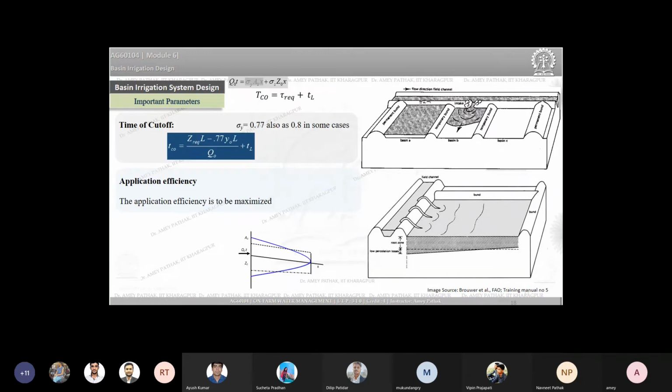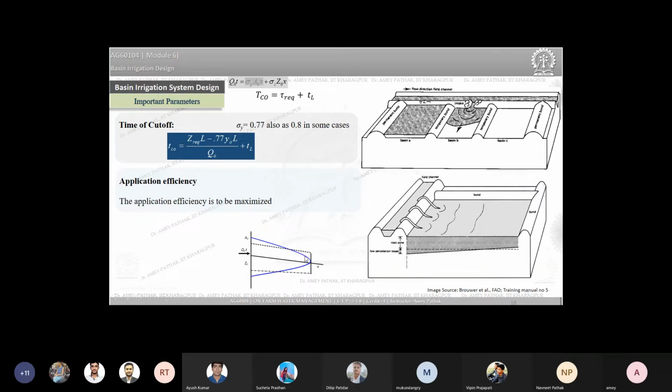Now, type of cutoff is some important parameter. We are familiar with this equation. This we have seen in case of surface irrigation, where Q naught is the amount that we have supplied as an input for T duration of time. So this is the volume we are talking about at the inlet end. Q naught into T is the volume that we have supplied into this basin, or in case of any surface irrigation. That flow we can divide into two parts. One is required to pond the water above the soil surface, and one we are allowing to infiltrate in vertical direction.